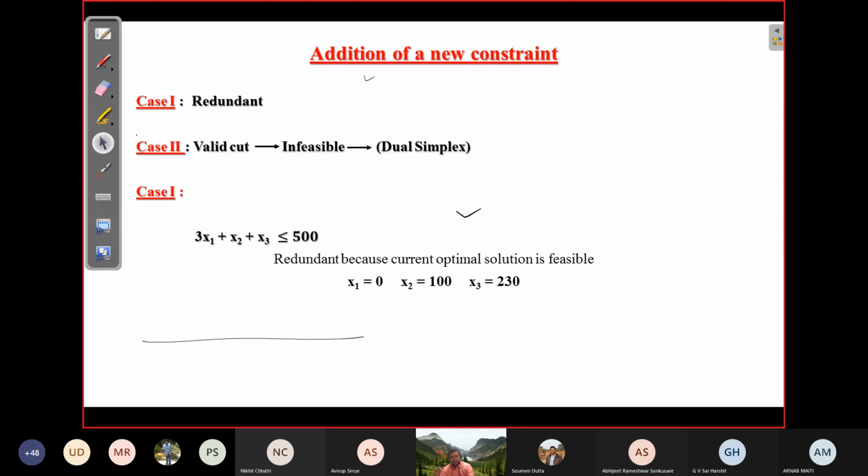So these slides have been uploaded in your MS Teams. I want you to go through this once again and also read about this addition of a new constraint. How to add a new constraint. So suppose I have 3 constraints and I want to add an additional constraint, the 4th constraint. Then how do I recompute the optimal solution from the old base, current optimal solution.